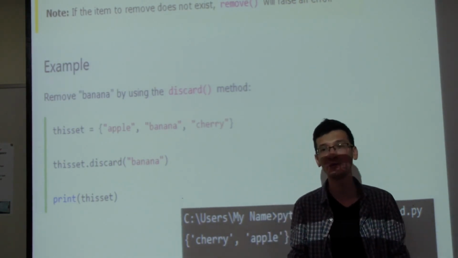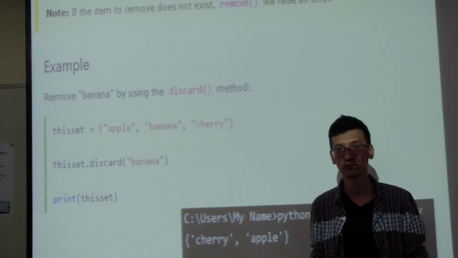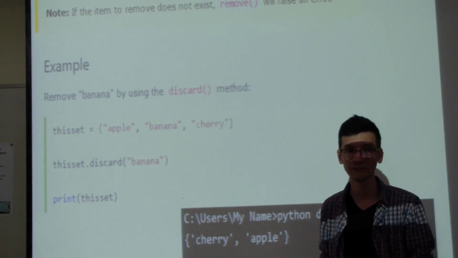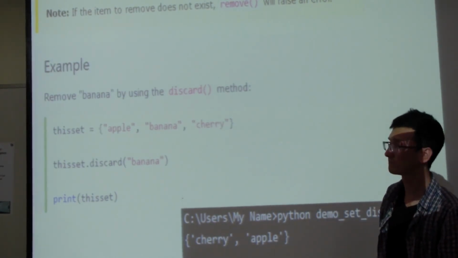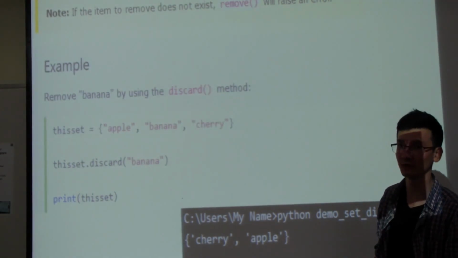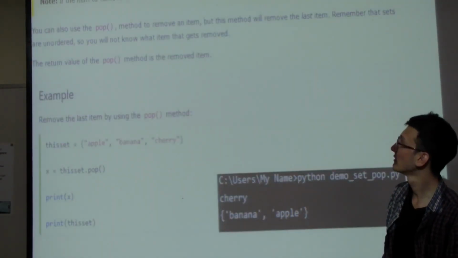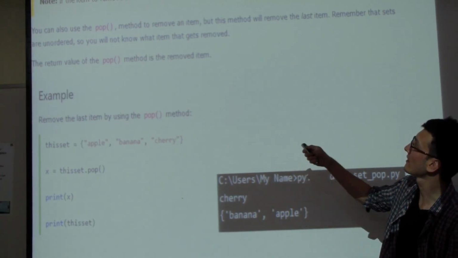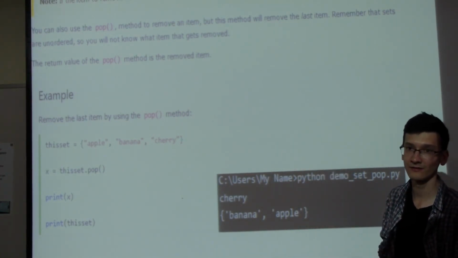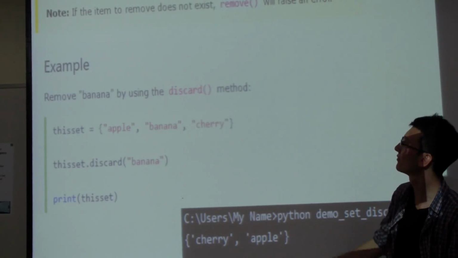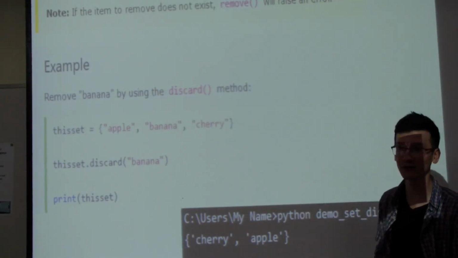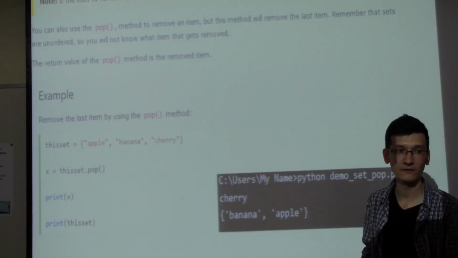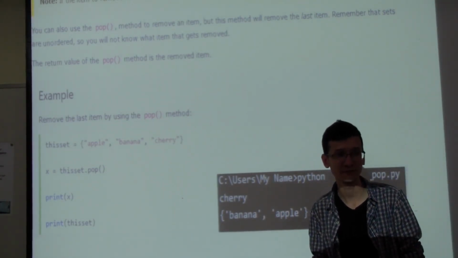What's the difference between discard and remove? If the item to remove doesn't exist, discard will not raise an error. But remove will give an error. Discard will not. It is the difference.